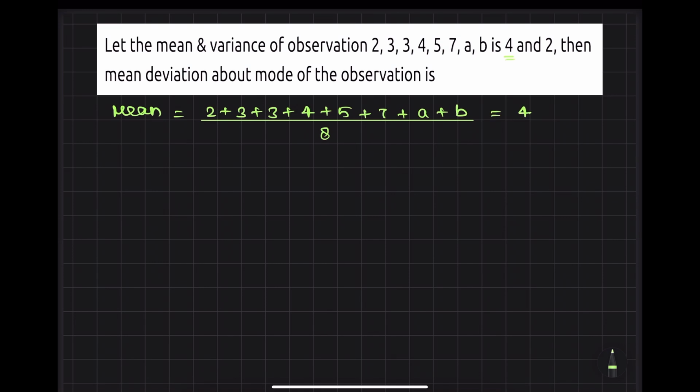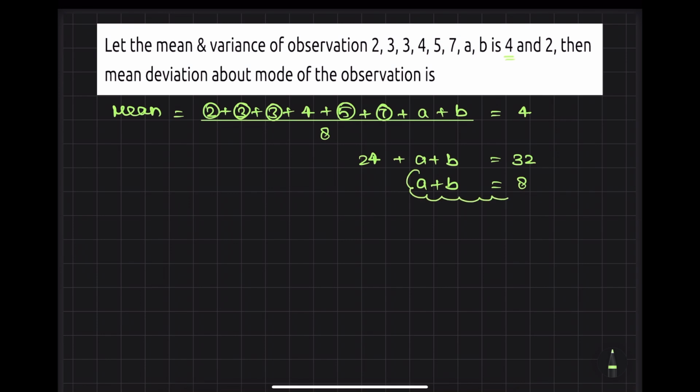Now you can simplify things. This is 32 and we got A plus B. Now look at this, 10, 20, 24. Okay, so A plus B becomes 8.